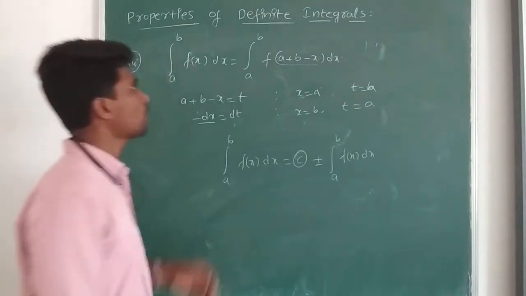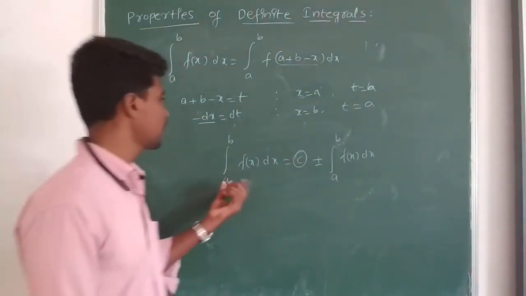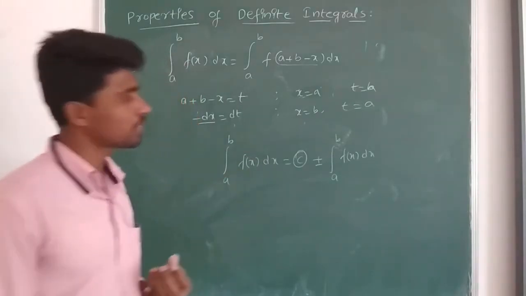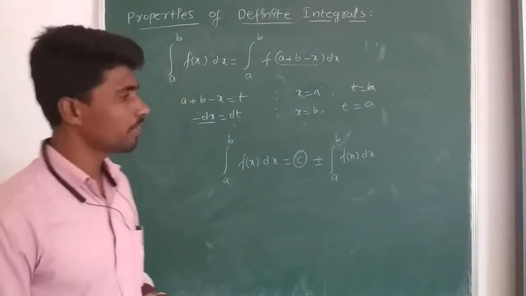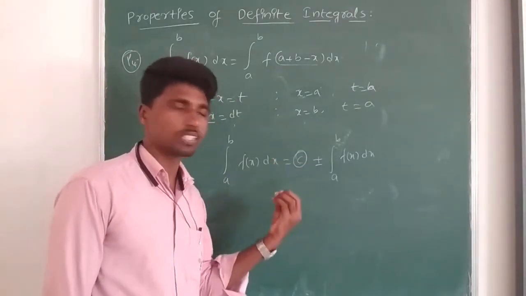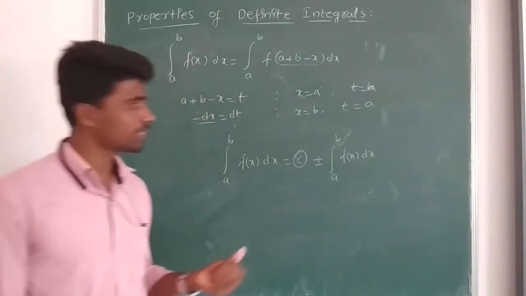So with the help of this formula, we can express the given integral a to b f of x dx as some constant plus or minus integral a to b f of x dx, or some function plus or minus integral a to b f of x dx.